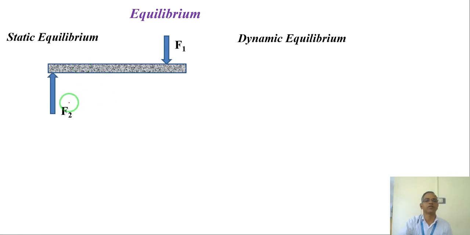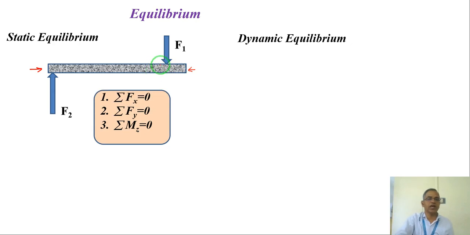So that is F2, right? And anyway I don't have lateral forces, so the body will not have a horizontal translation, right? That means I have three equilibrium equations: summation Fx equal to 0, summation Fy equal to 0, summation Mz equal to 0. These are three equilibrium equations.